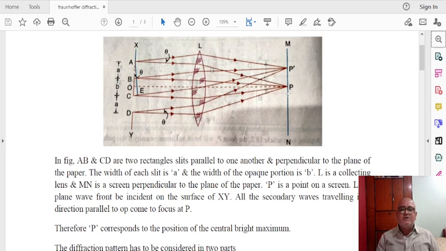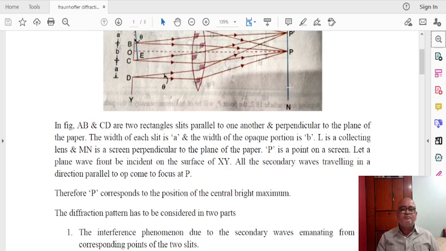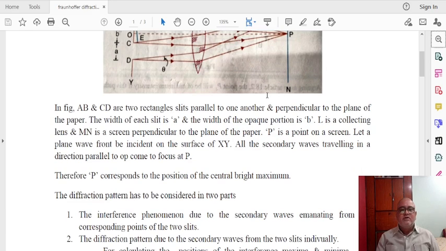Therefore, this P corresponds to the position of the central bright maximum. Now see, the diffraction pattern has to be considered in two parts. These two parts we will discuss here.